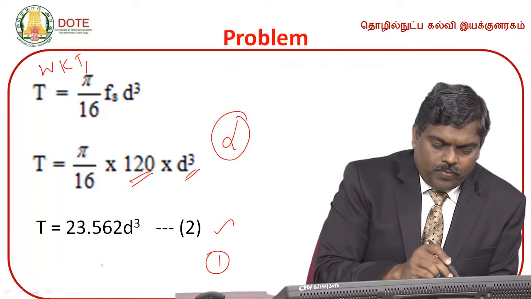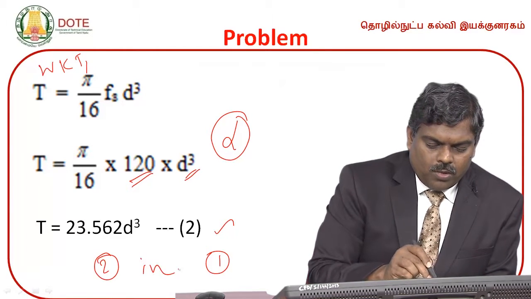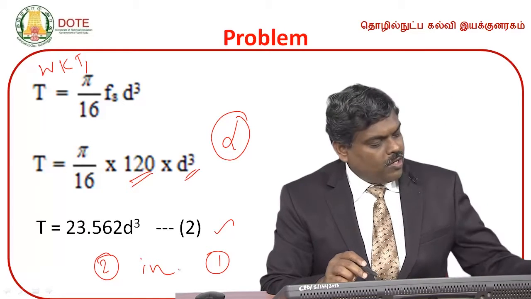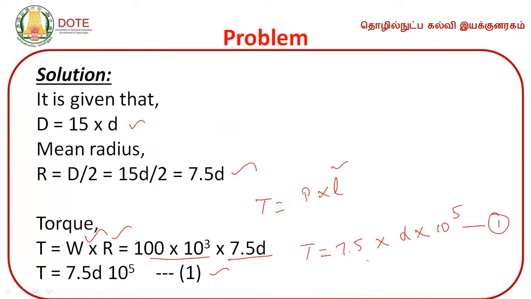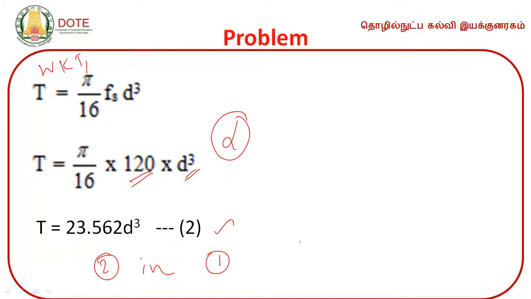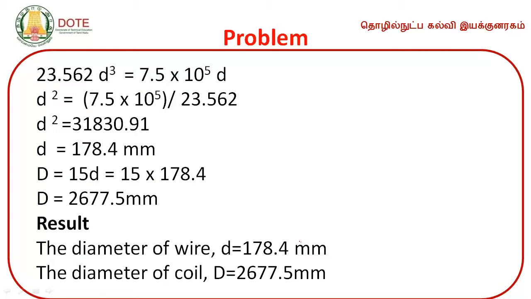Substitute equation 2 in 1. What is the first equation? T is equal to 7.5 into d into 10 to the power 5. Here we substitute the T value. So 23.562 d cube is equal to 7.5 into 10 to the power 5 d. Okay, here there is d cube and here there is d, so it cancels and becomes d square. Bringing the other values to one side, 7.5 into 10 to the power 5 divided by 23.562. So d square is equal to 31,830.91.